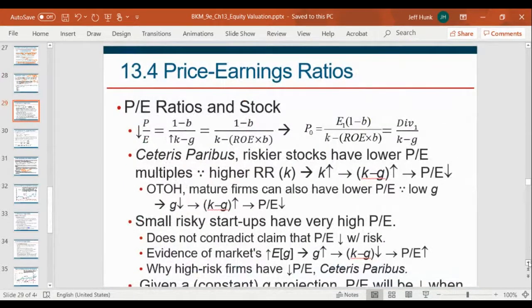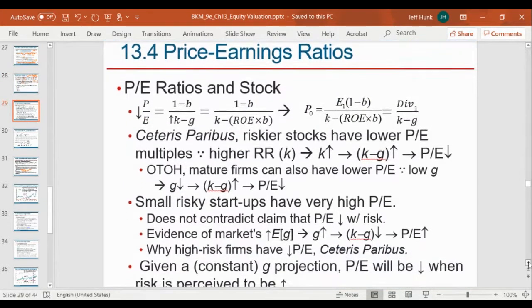Now, I also briefly talked about the possible scenarios when these variables, especially the growth rate and K, change.